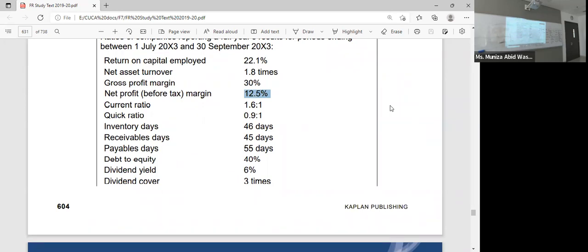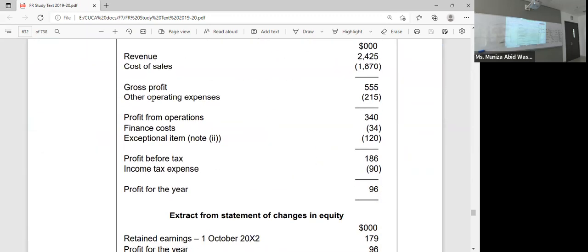It has a very apparent reason because when you calculated your profit before tax, you deducted a 120 exceptional item as well. And this exceptional item was related to the loss on disposal of the non-current asset. Every year, the organization would not be selling its non-current assets.